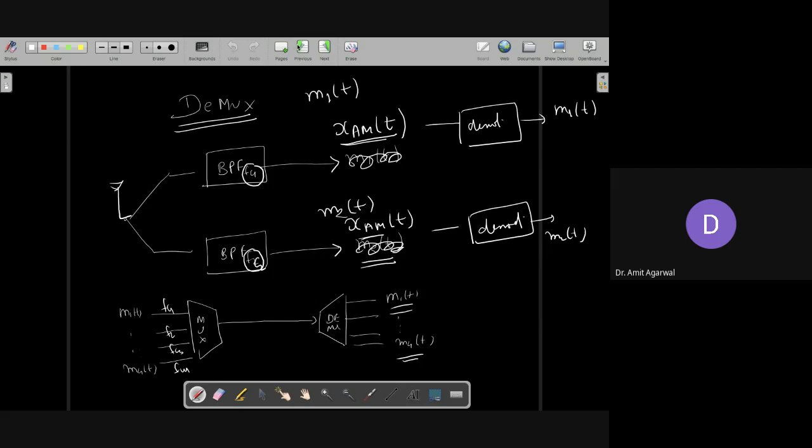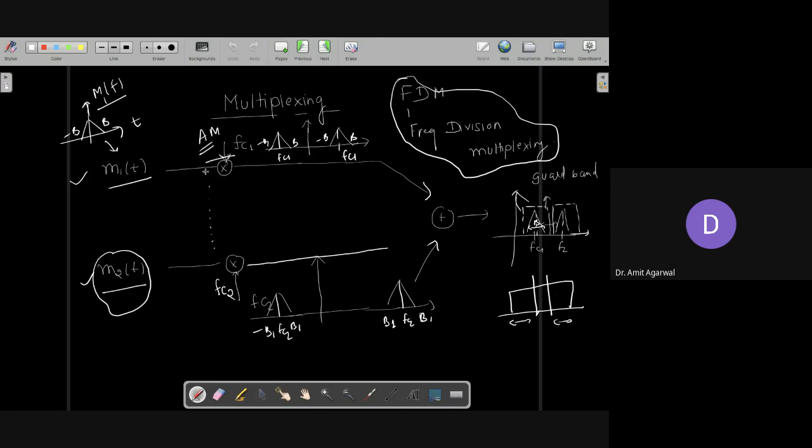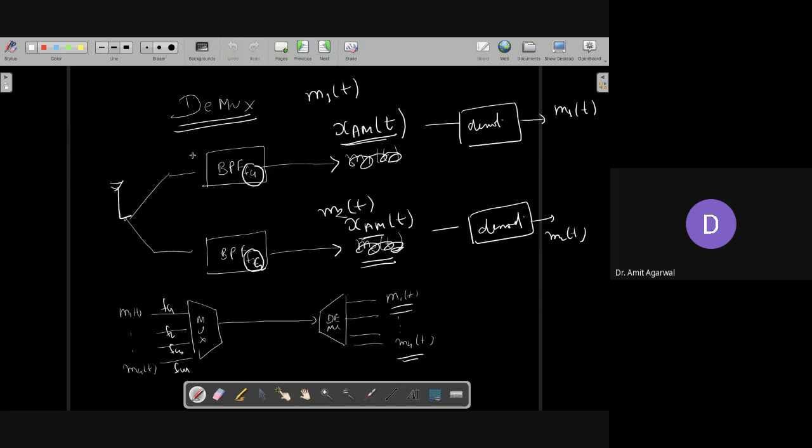Okay? You can also put a modulator here instead of a multiplier. You modulate M1(t) and then transmit it over the channel, and at the receiver you put a band pass filter, then demodulate it and you get the message.